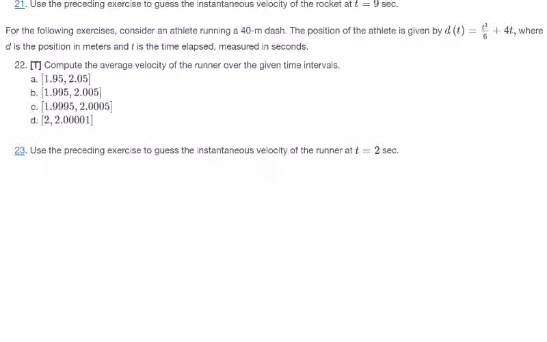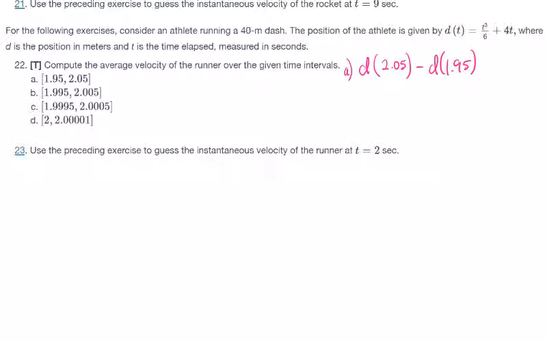So basically what I want to do is find the outputs at both of these points, because these are inputs. These are x values or t values in this case. We're talking about time. So for part A, I want to find d of 2.05 minus d of 1.95.